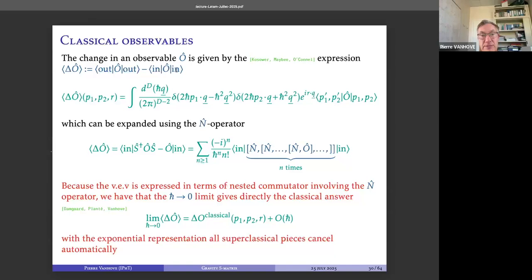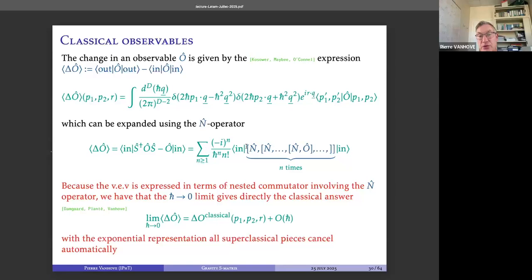out is S matrix acting on in. So out O out is in S dagger O hat S in, minus this term, so you can write it this way. And then if you use that S is exponential in over h bar, you get a nested expression with commutators.